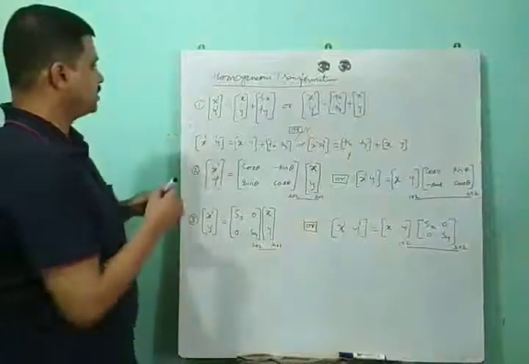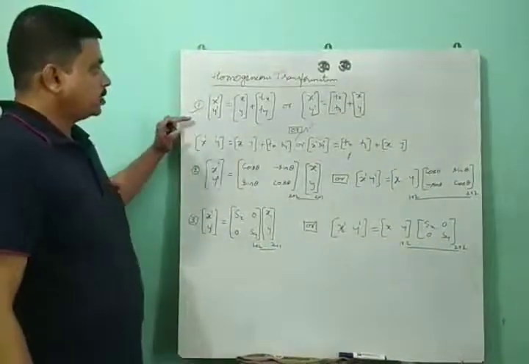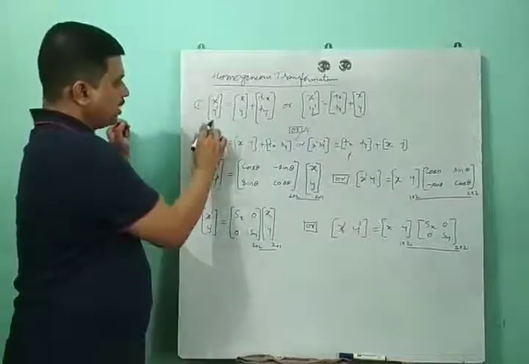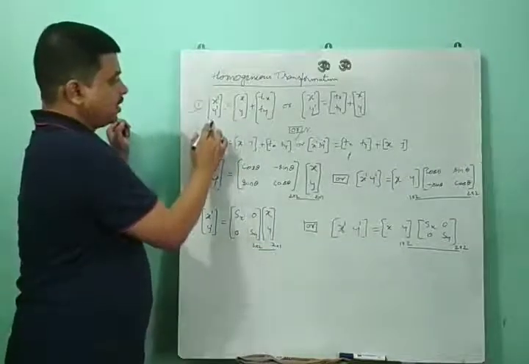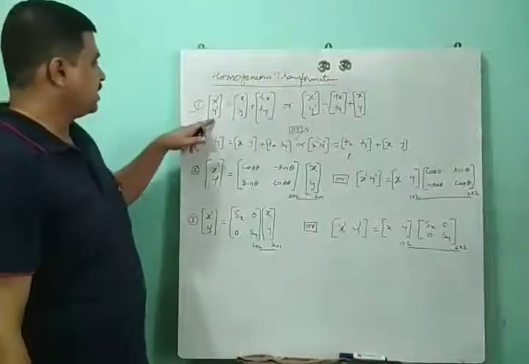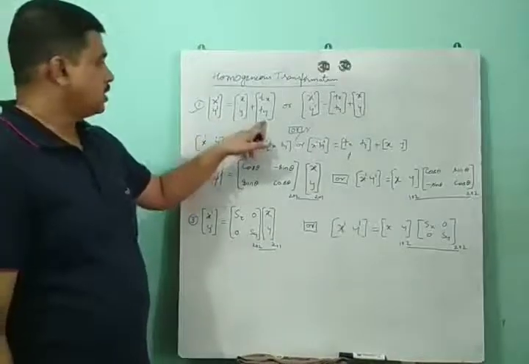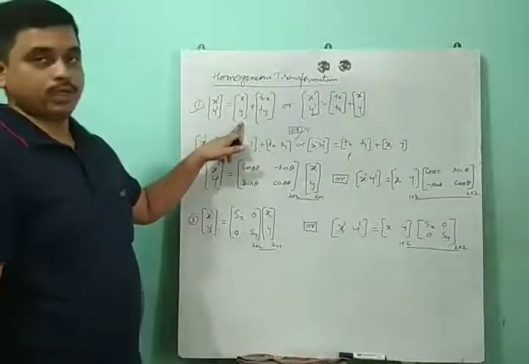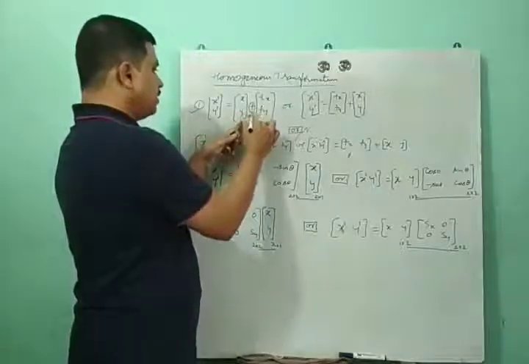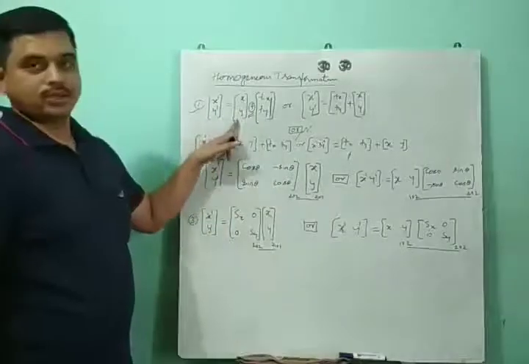First, if we consider the translation of a point, we can represent it in a column matrix or in a row matrix. If we represent it as a column matrix, the translation matrix is added to the initial point. Please remember, here we are adding the translation vector to the initial point.